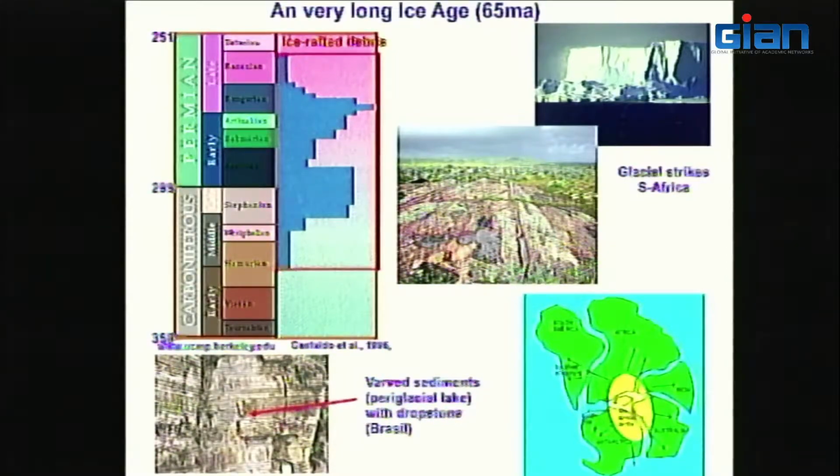And here you have some warped sediments in periglacial lakes. And you can see here these small blocks, it's a dropstone. The dropstones are linked to the fact that icebergs, which are produced on an ice sheet, scratch the rocks and incorporate blocks at the base of the iceberg.